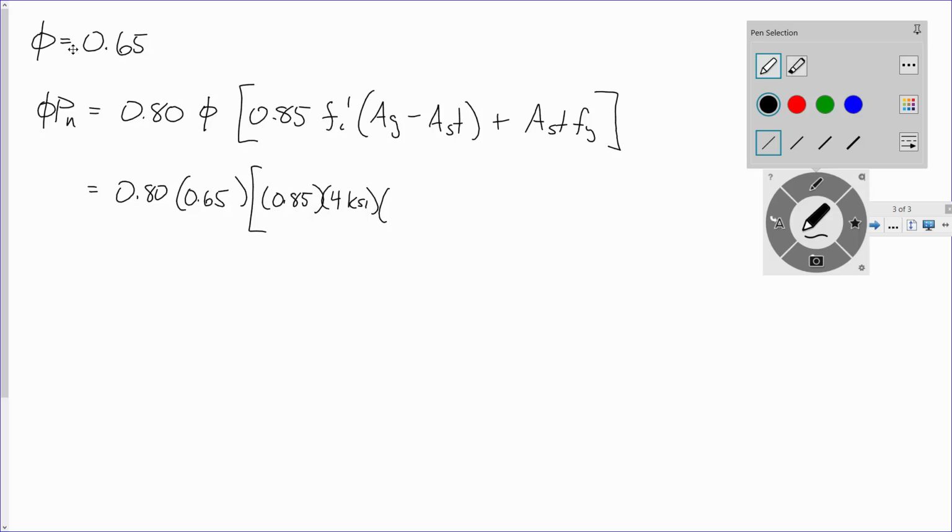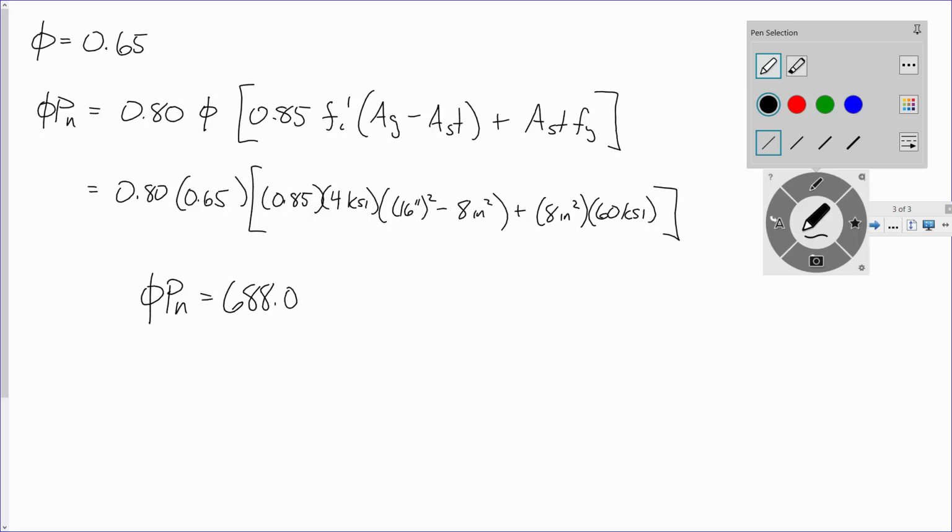All right, Ag is here, what is it going to be? 16 inches squared minus, now we have 8 number 9, so that's 8 square inches, plus 8 square inches, 60 KSI. phi Pn is what? That one's a simple one, isn't it?